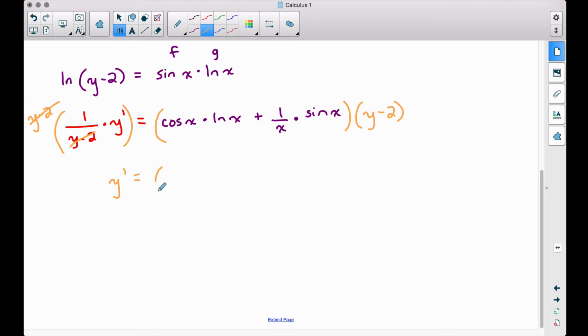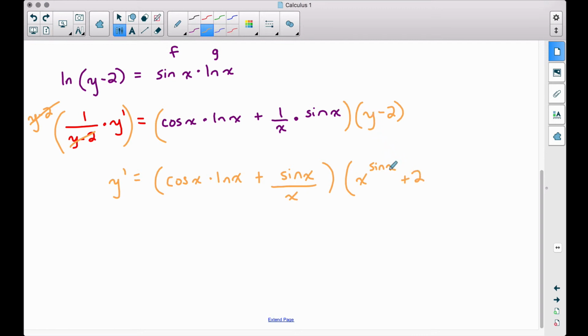So cleaning this up, we have cosine of x times the natural log of x plus sine of x over x. And again, all I'm doing there is just multiplying these two things together. And then we multiply this by y minus 2. But remember, y is equal to x to the sine of x power plus 2.